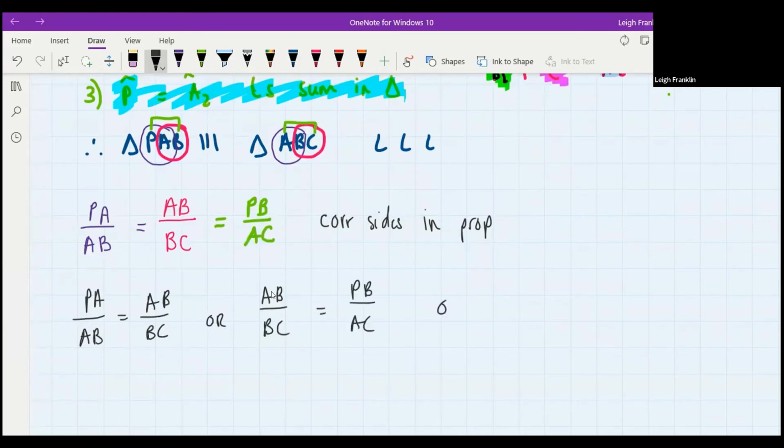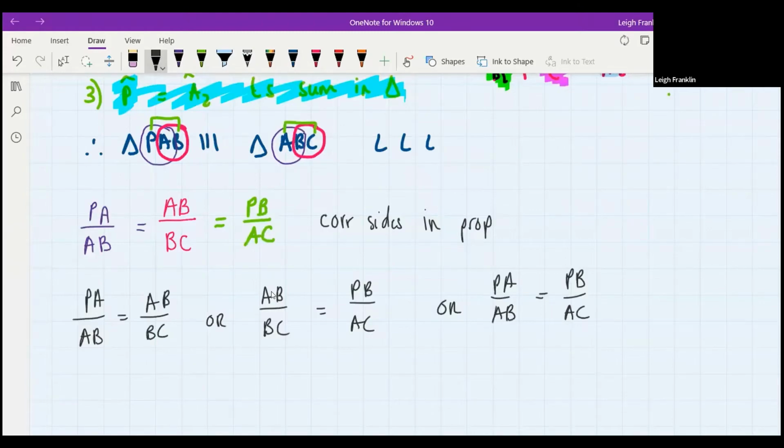Or first and last, we could say that PA over AB. Those are three different combinations that I can make. If those three things are equal, I can make three different equations.